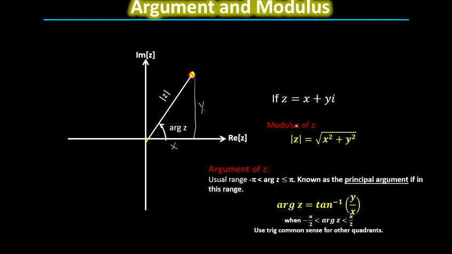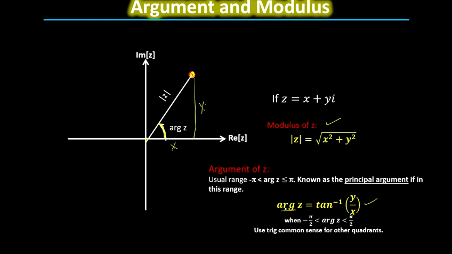We have the symbol of two vertical parallel lines to show the modulus. And the angle of the complex number with the positive real axis is known as the argument, tan inverse of opposite over adjacent, imaginary over real. So whenever you have the word argument, it means the angle with the positive real axis.